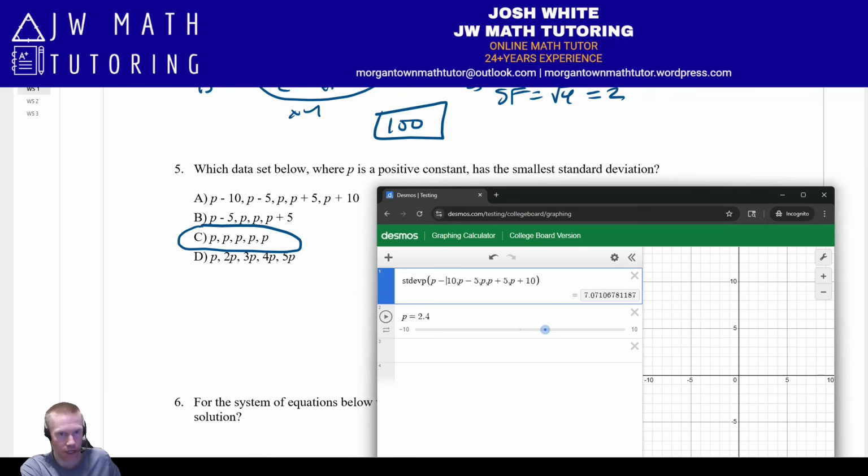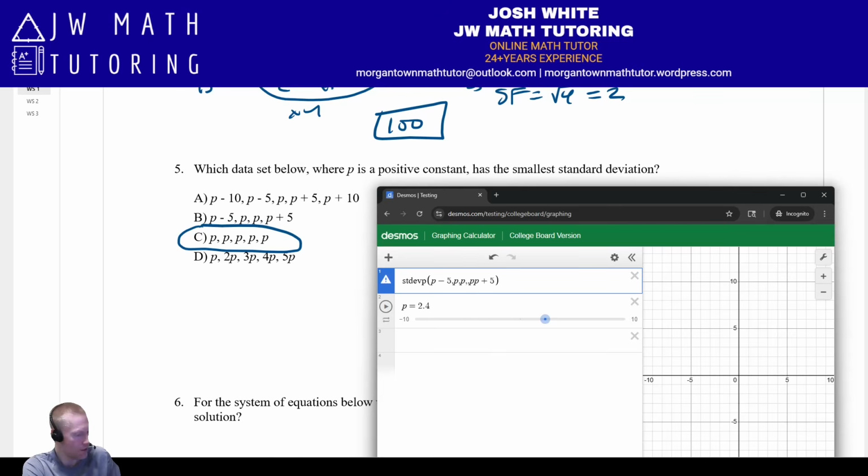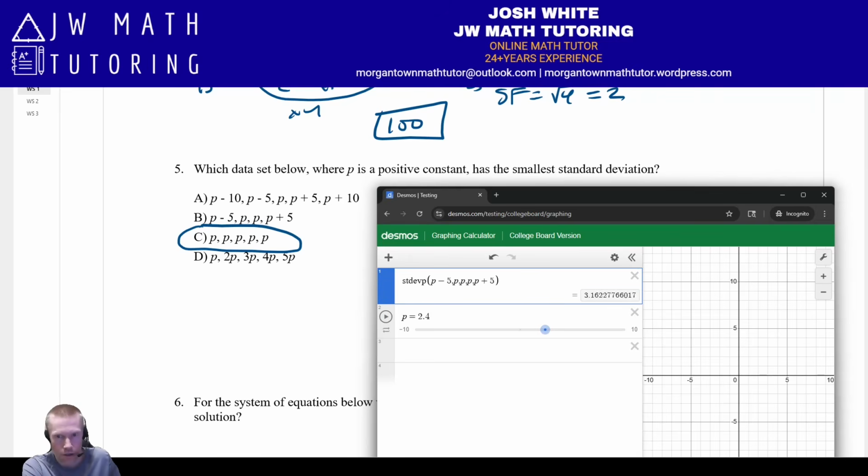Okay, so this one is 7.07. Let's check the next one. It looks like, by the way, for the next one I only typed 4 values. It's supposed to be 5 values, so I'll correct that on the worksheet. For what's typed, it's basically this. It's really supposed to be 3.162, but for what I've typed there, it's a little bit higher.